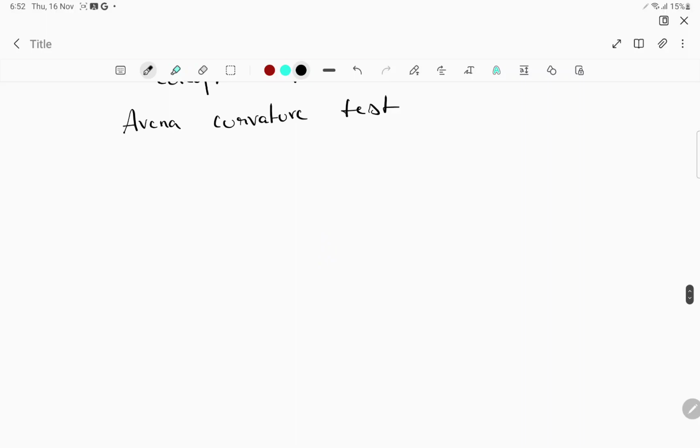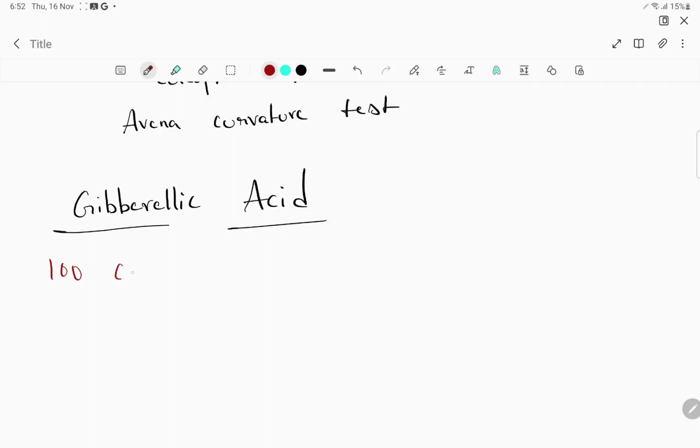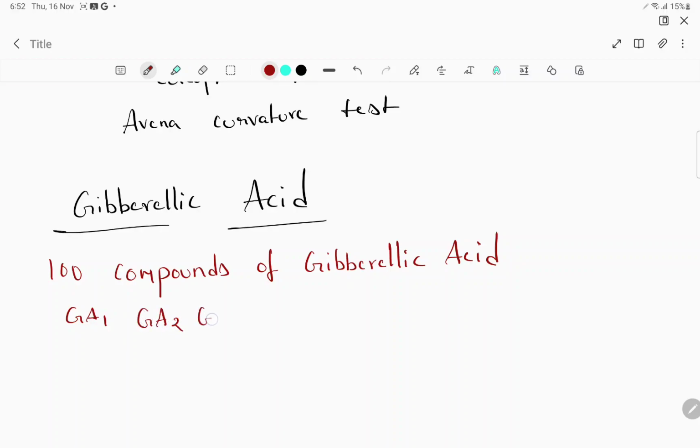So next it is gibberellic acid. There are nearly 100 compounds of gibberellic acid and they are named GA1, GA2, GA3, etc. But GA3 was first structurally characterized.